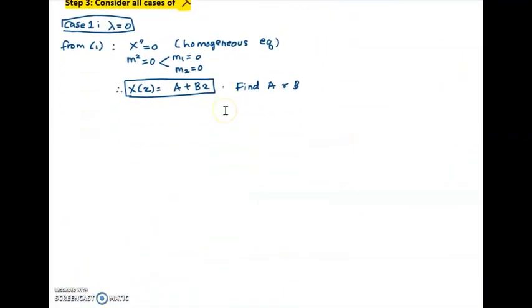Now your first boundary condition that you obtained in step 2 is x prime of 0 equals 0. So that is your first one here.